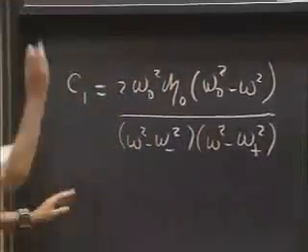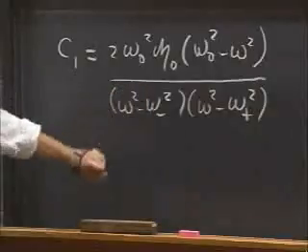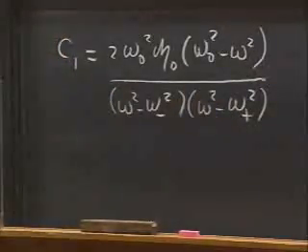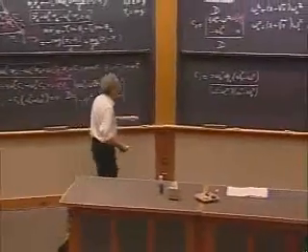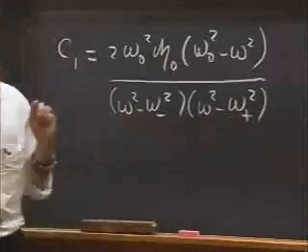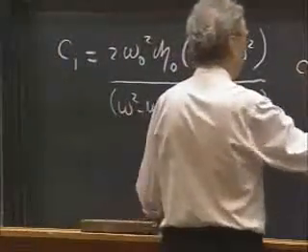That must be the same as what I have there, because you see, when this one becomes omega minus, this goes to 0, and when this one becomes omega plus, that is also 0. So it's a different way of writing, gives you a little bit more insight. It reminds you that the downstairs will go to 0 when you hit those resonance frequencies. And so I will also write down C2 then.